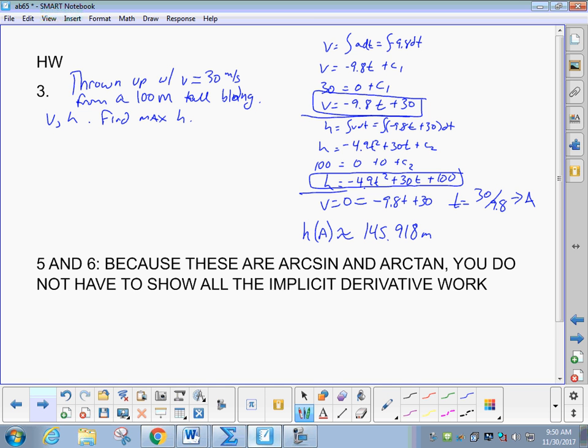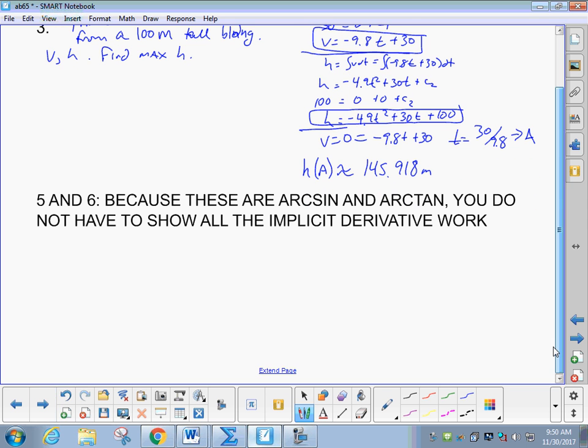Also, to clarify notes on my paper that I didn't intend to put there, and to review yesterday: number 5 and 6 were inverse trig derivatives. I wrote in the box to show all the work, but that was how I taught it last year. This year, if it's arcsine and arctangent, I do not expect you to show all the implicit work.